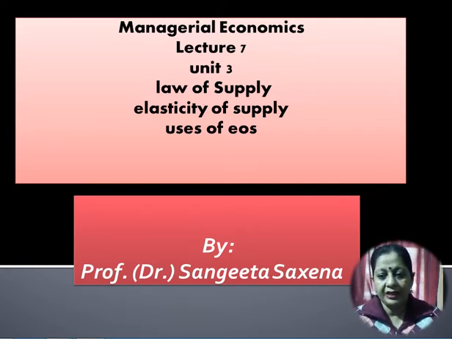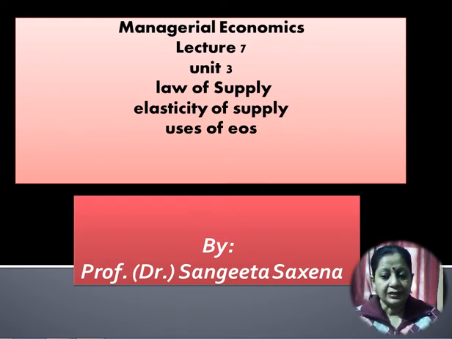The main point to focus on is that you should know the basic difference between the law of supply and the law of demand. Law of demand is for customers and law of supply is for the producers and sellers who want to sell their goods at a particular price in a market.